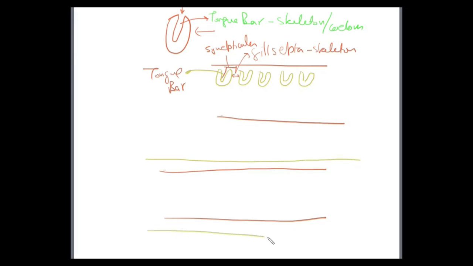This region is the pharynx. And here lie the U-shaped gill slits.